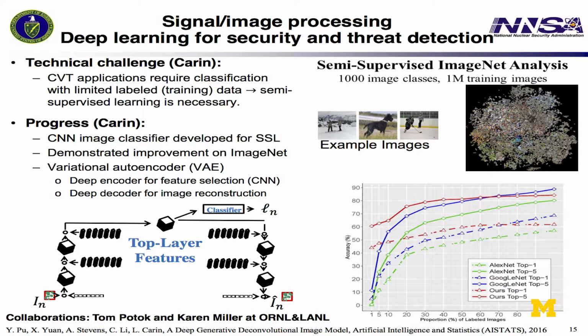Another area that's also covered in a poster that I won't cover in much detail is from the Duke group, who are looking at incorporating deep learning algorithms for better being able to classify particular types of anomalous behaviors in images, satellite images.